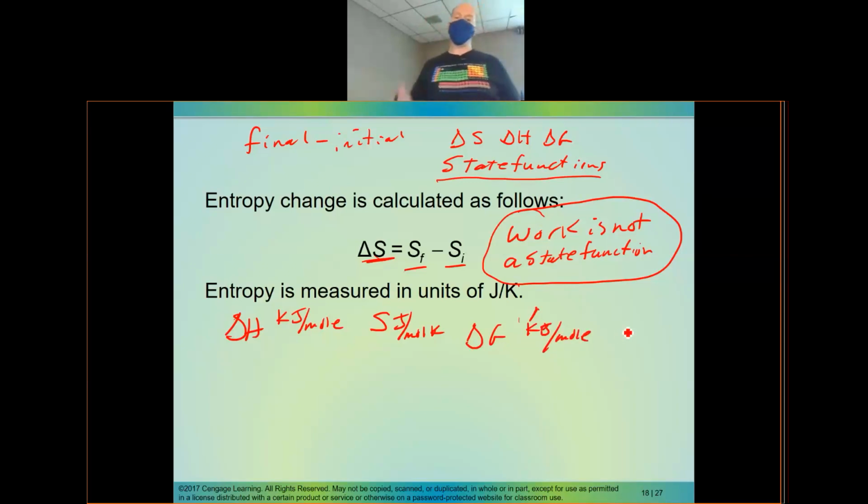So your delta H and your delta G are both in kilojoules per mole, but your entropy, your S value, is going to be joules per mole Kelvin.